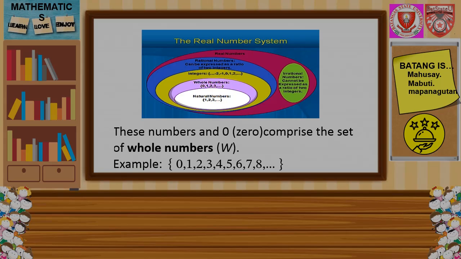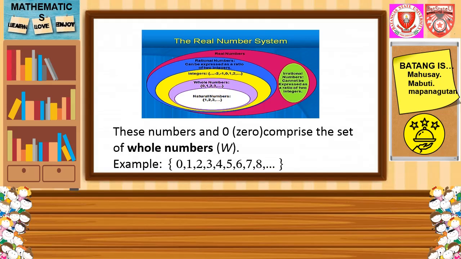These numbers and 0 comprise the set of whole numbers, or its symbol W. Examples: 0, 1, 2, 3, 4, 5, 6, 7, 8, and so on are whole numbers.